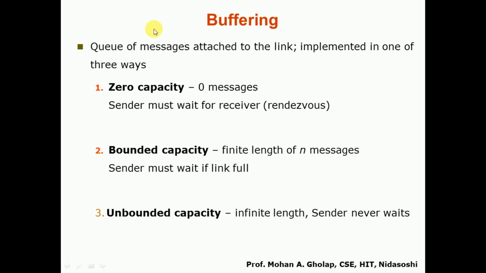The link itself will have a queue with a fixed length, at most n messages. If fewer than n messages are there, the sender will be allowed to send some more messages, until the link is full. But when the link is full, the sender must wait. Okay, so this is the bounded capacity.